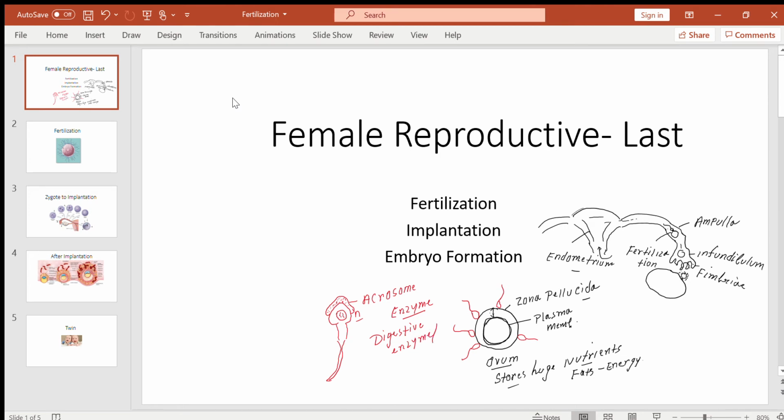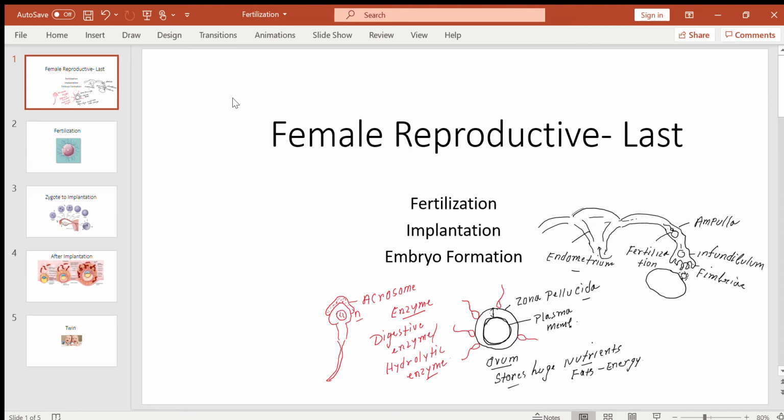Also we say hydrolytic, so it causes hydrolysis, hydrolytic enzyme. It has a name, that's the enzyme, digestive or hydrolytic enzyme. And specifically two chemicals or two enzymes are very important to break the wall of the egg or ovum.